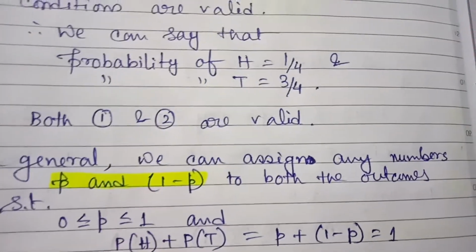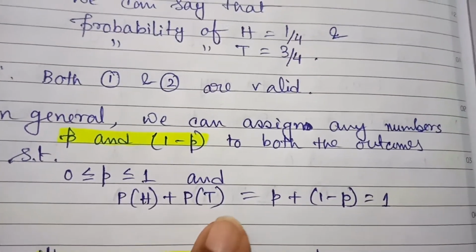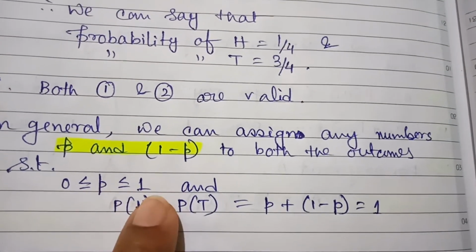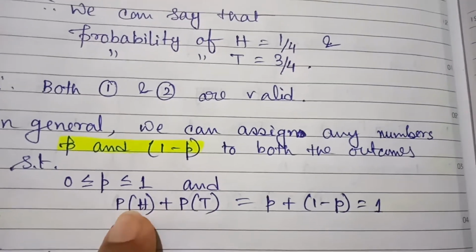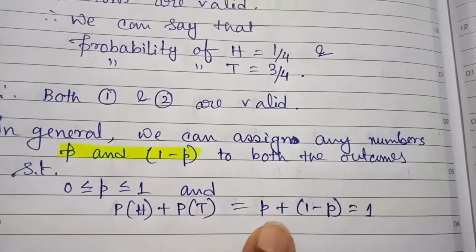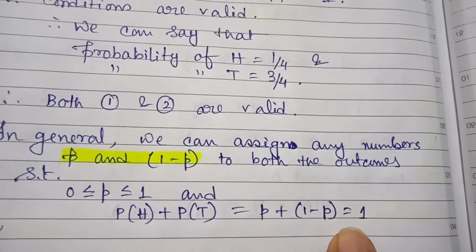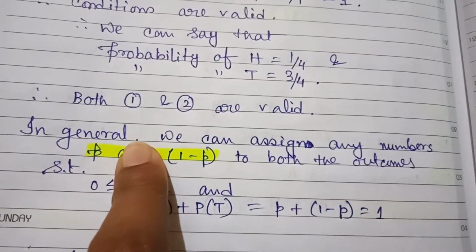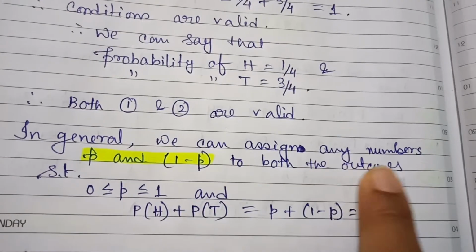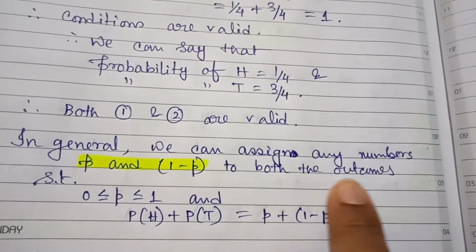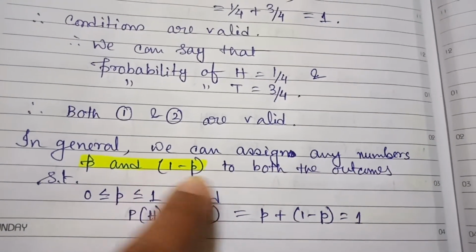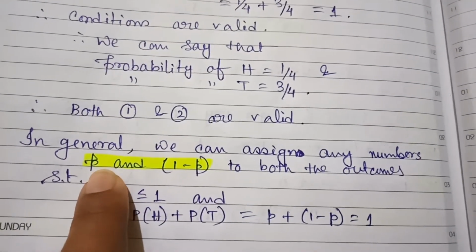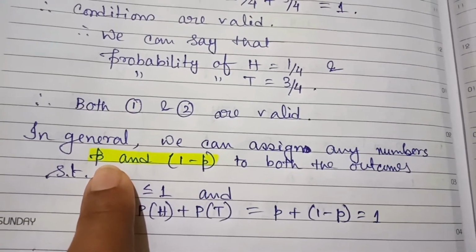And 1 minus P will obviously be between 0 and 1. And P of H plus P of T will be P plus 1 minus P, which equals 1. So again I am repeating, in general we can assign any numbers to both the outcomes in this relation. Okay. In place of P, you can write any other alphabet that you want to use.